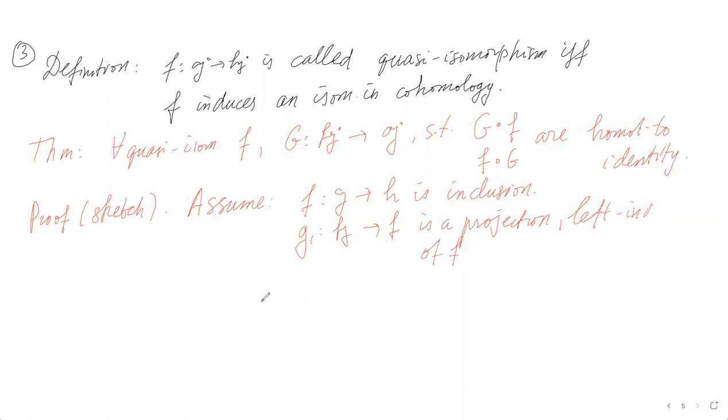That is to say, G1 composed with F. Sorry. Let me see. Left to right. Just a little confused. So what should be what?